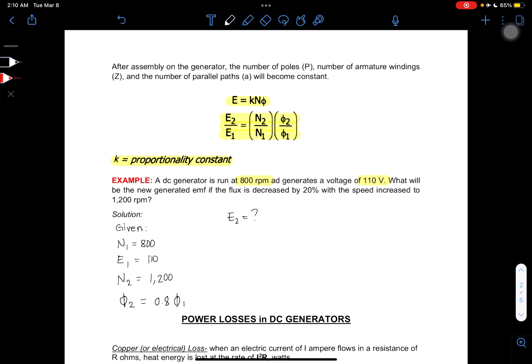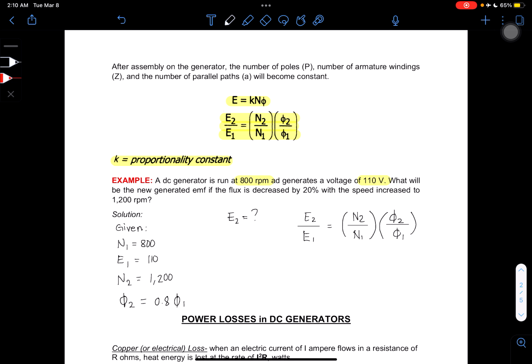To solve for that, we need to use the formula above: E2 divided by E1 is equal to N2 divided by N1 multiplied by flux per pole 2 divided by flux per pole 1.